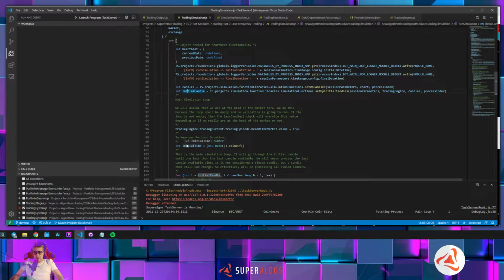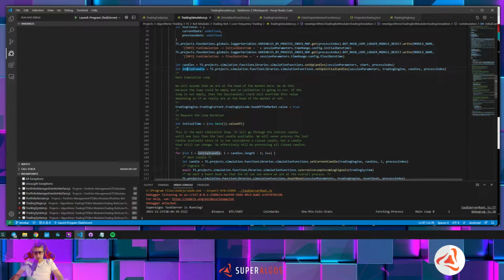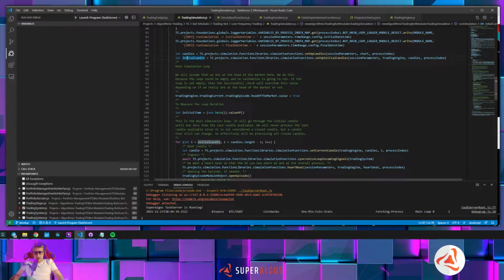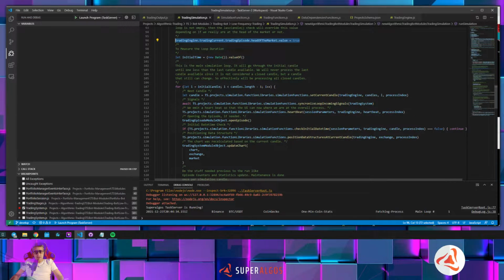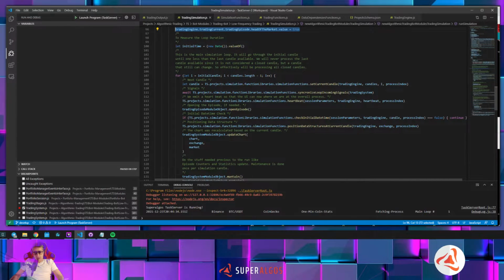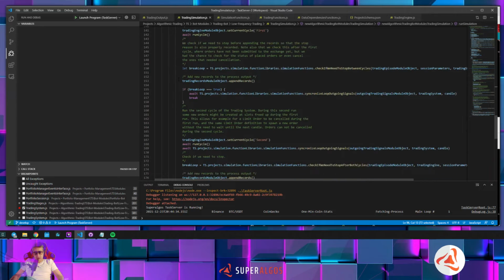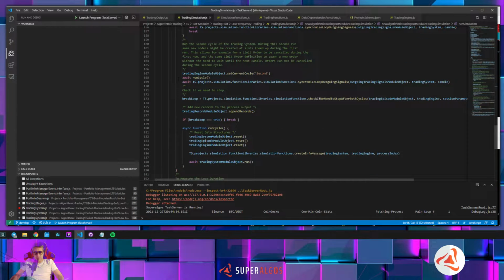We get the initial candle, that not necessarily we are going to start from the first candle that we are having here. Well, this is part of the mechanism of looping. I don't remember exactly what, but whatever. Then we have the loop itself that is cleaner now.